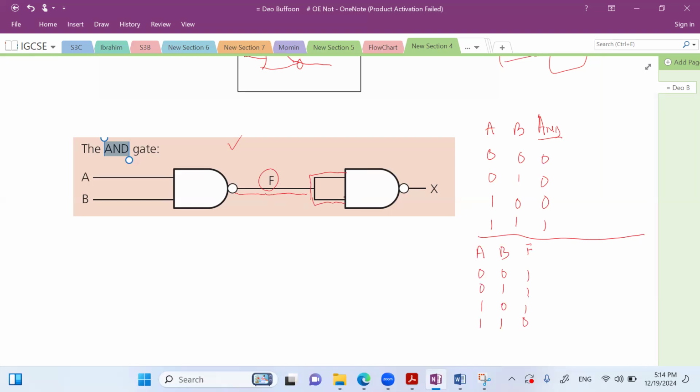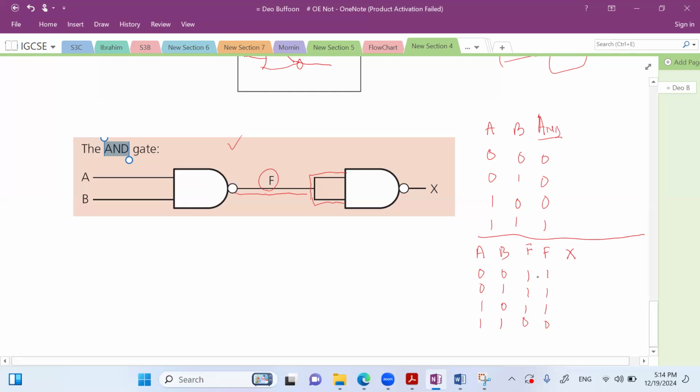So basically it is F and again F, which is obviously holding the same value. Now, two Fs are going inside a gate which is going to throw the output X.